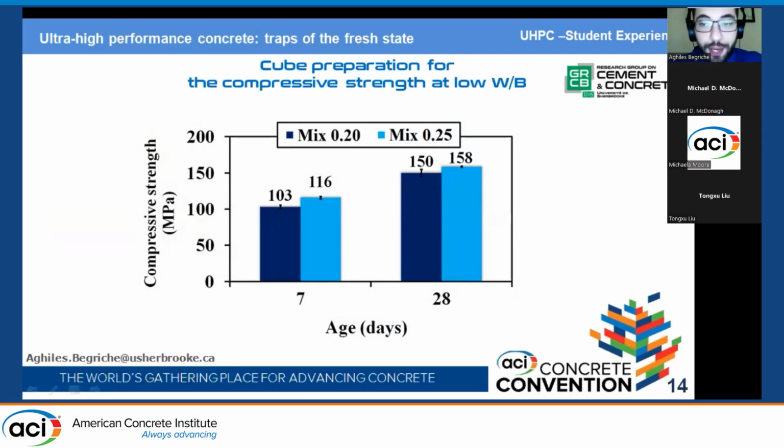The entrapped air may explain that, as we didn't observe that kind of entrapped air layer on the top of the samples with the 0.25 ratio mixtures, these mixtures being less viscous than the lower water content mixtures.